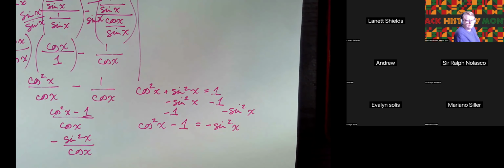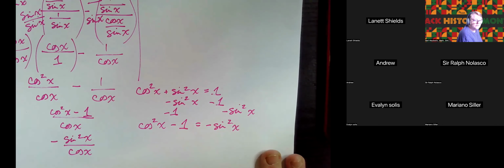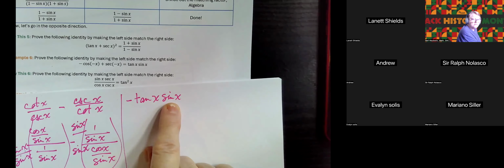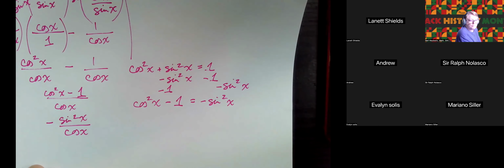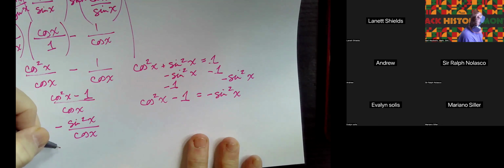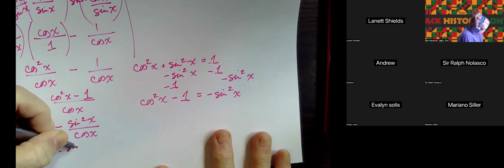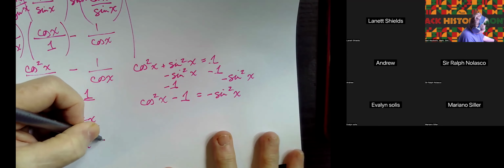And why are we done? If our goal was to get to negative tangent x times sine x, why are we done? Because you separate the sine squared x and then you just do the tangent formula and then just times sine x.